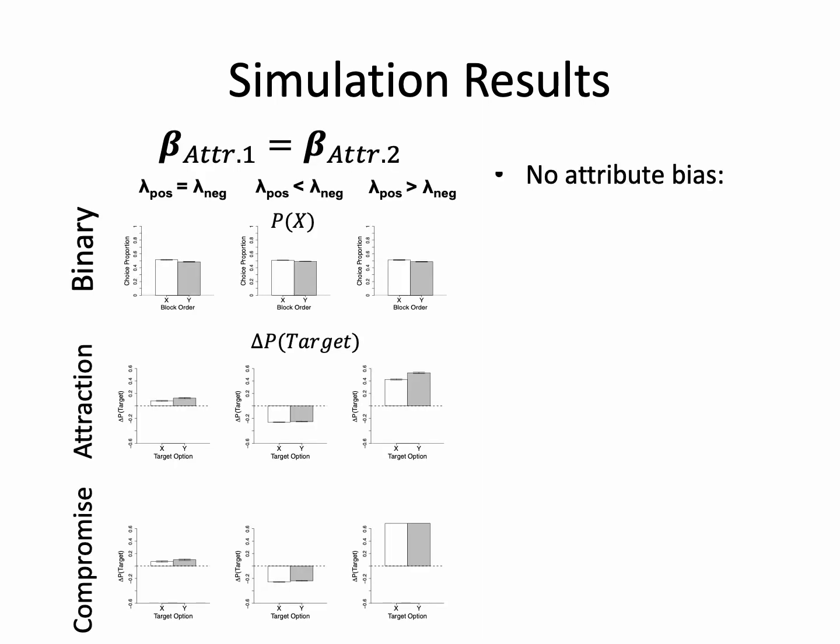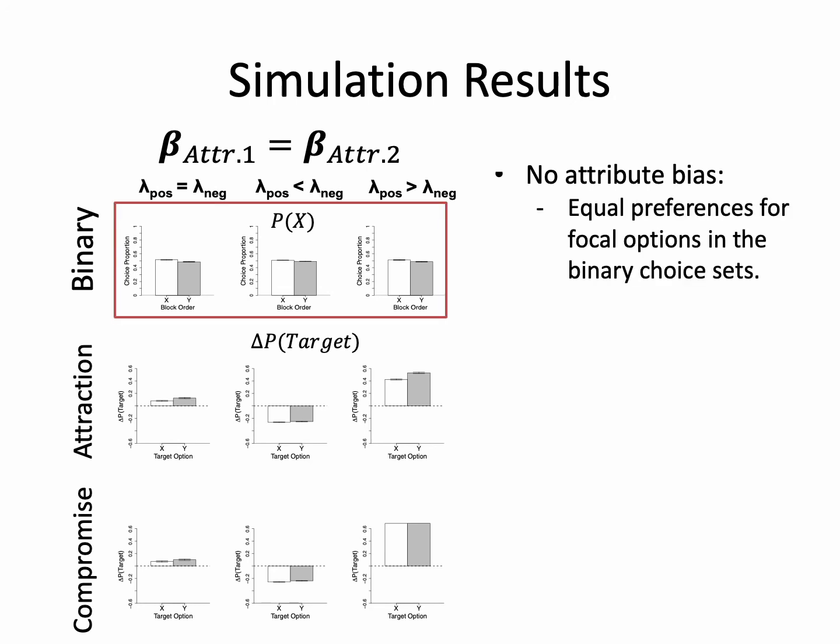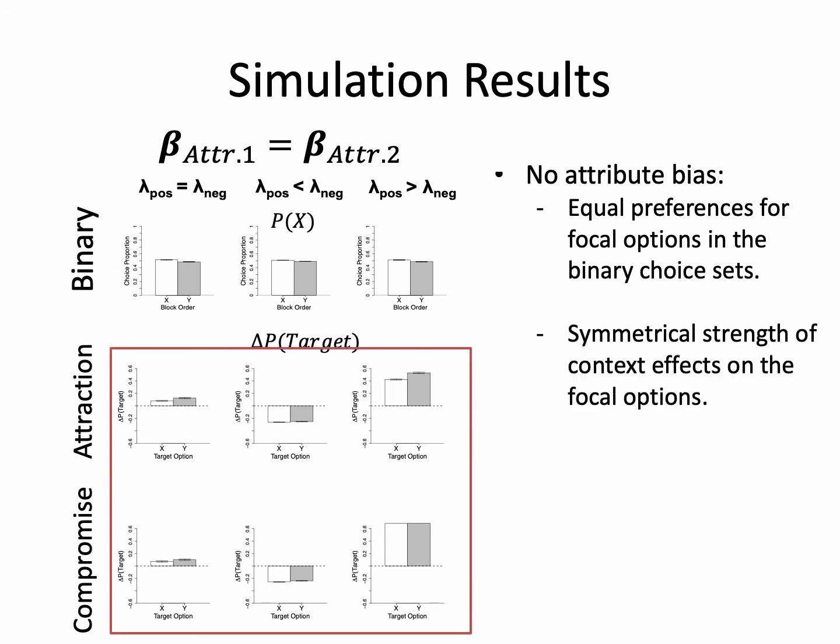To test this hypothesis, we run model simulations with MLBA models using the same attribute values employed in our experiments. Our results show that when the attributes were weighed equally in the deliberation course, the simulated choice proportions from the binary set reflect ambiguous preferences between focal options, and the attraction and compromise effects emerged with symmetrical strengths on the focal options.